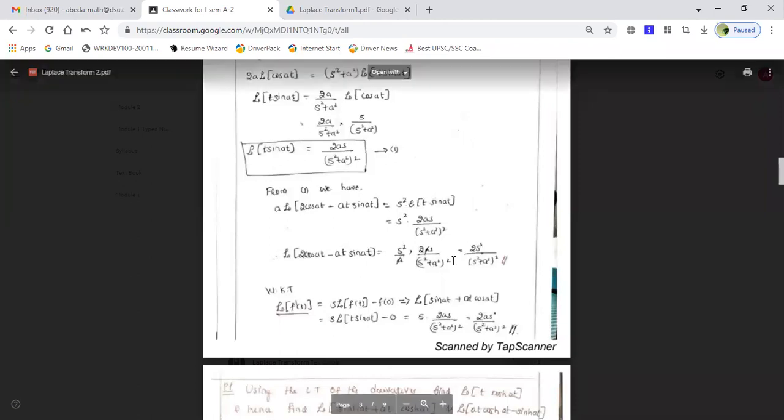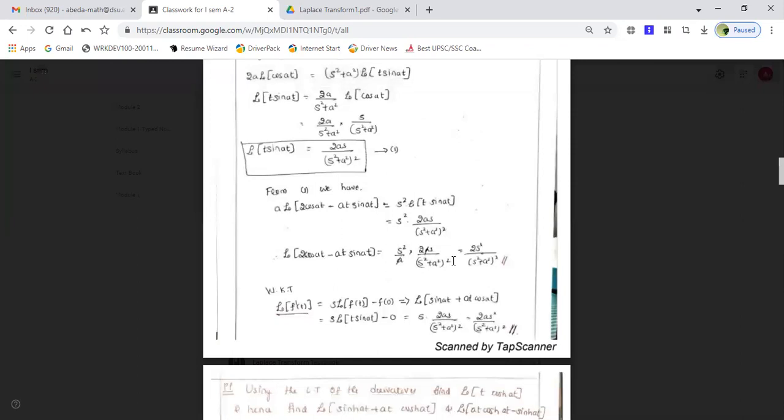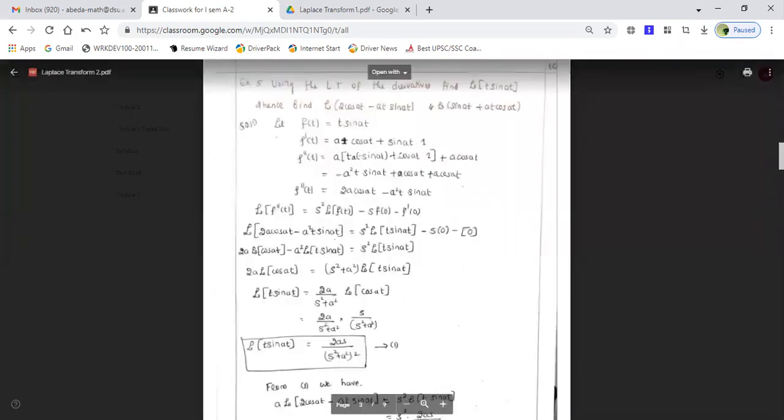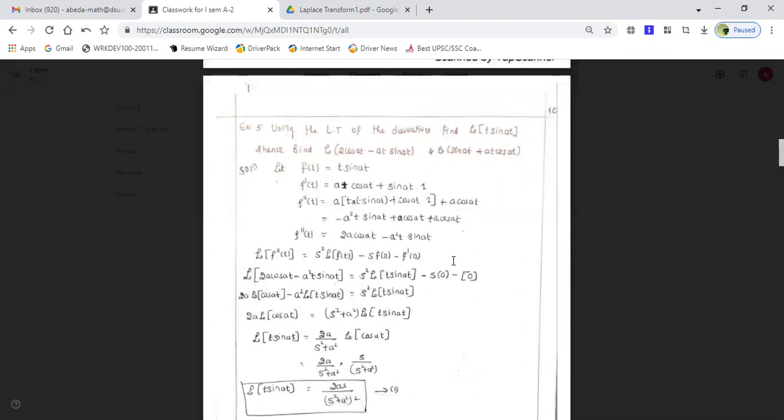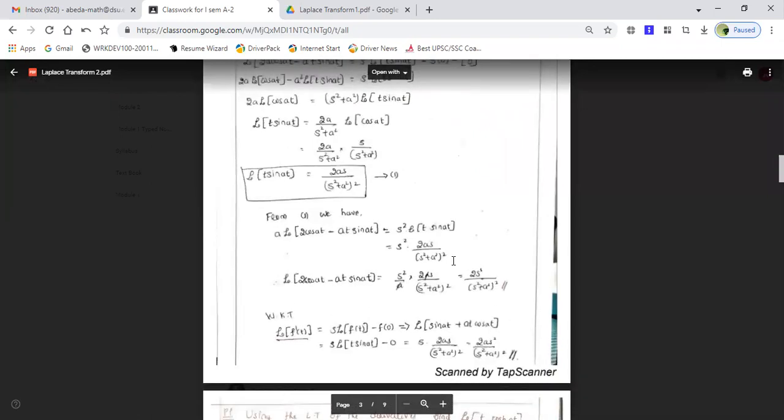What I am doing is finding out the value of this by using the derivative, or calculating the Laplace transform by using the derivative. Similarly, they ask you to find out the next one. You can see it is sin at plus at cos at. It is sin at plus at cos at is L of f dash of t. Use the formula for L of f dash of t. L of f dash of t is what?